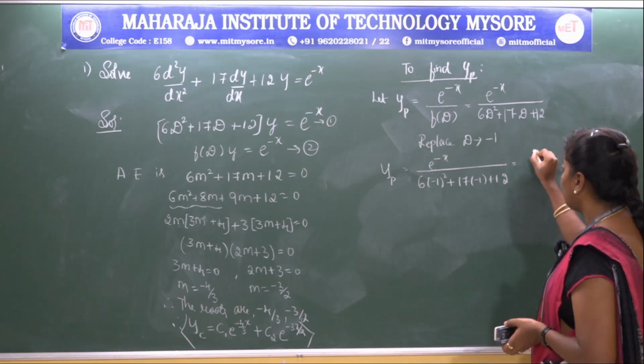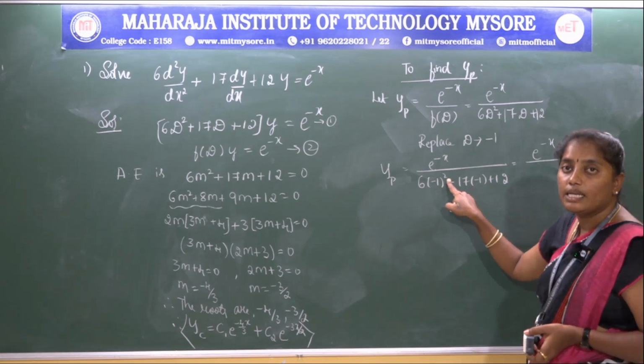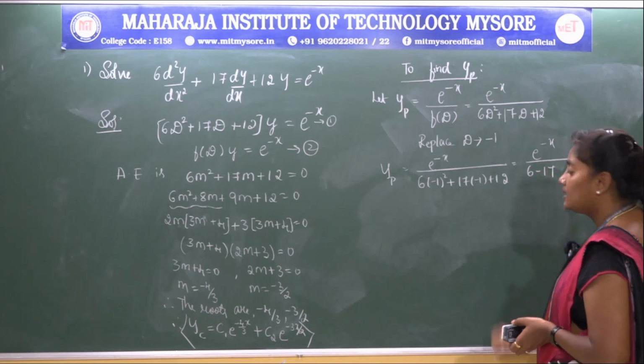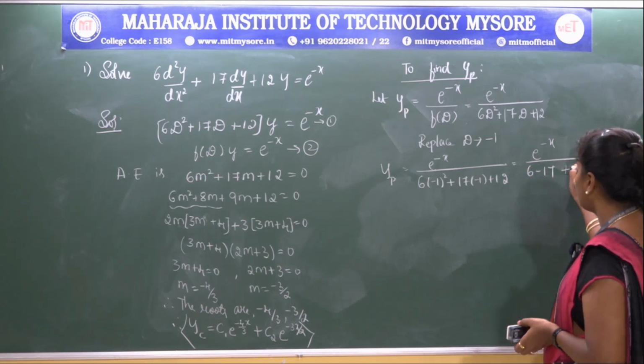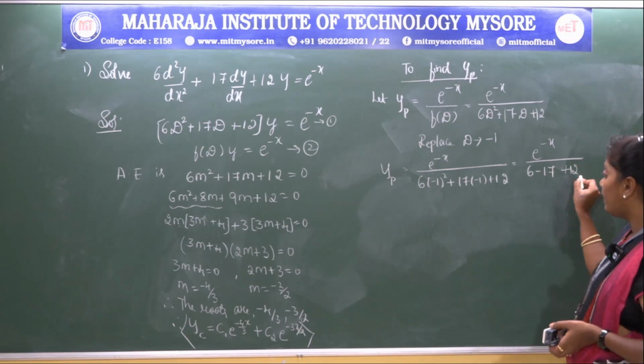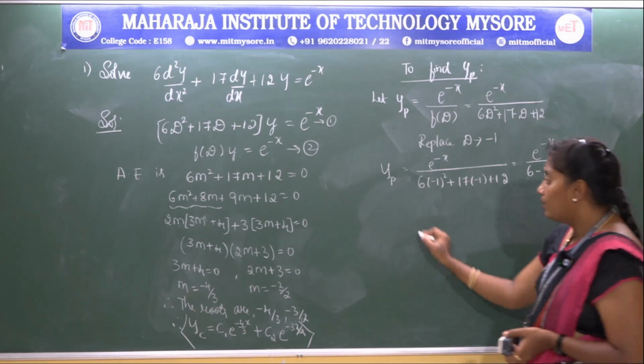Simplifying this, minus 1 whole square is plus 1, into 6, minus 17 plus 12. On simplifying, 12 plus 6 is 18, 18 minus 17, we get 1.